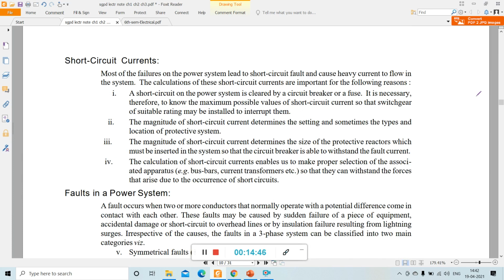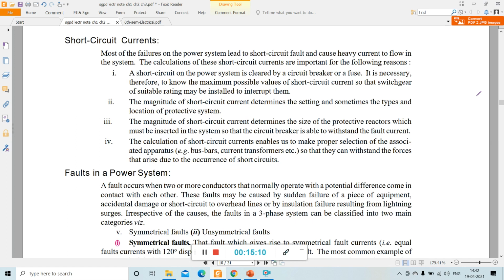When a short circuit fault occurs, a heavy amount of current flows in the system. We need to calculate this short circuit current by following certain procedures. The calculation of short circuit current we will discuss in a later section.